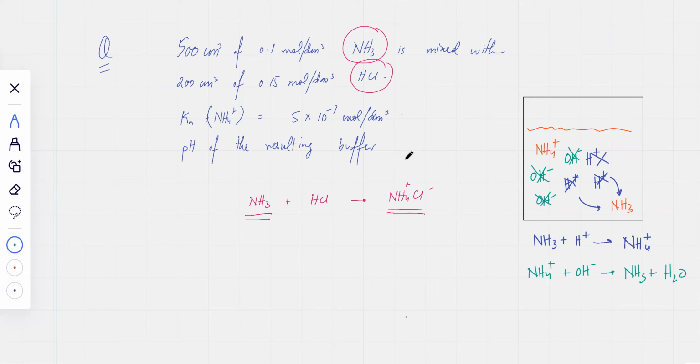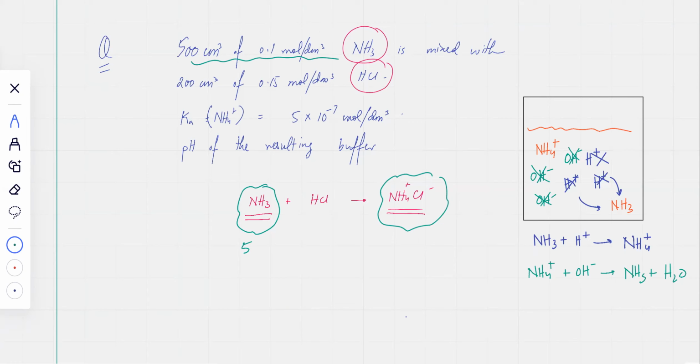Yes. Achha, so we were dealing with this question where we said that there was NH3 and HCl being mixed. Did you send me the answer to this? No. Achha, so I can send it right now. Just let me quickly ask, how many moles of NH3 are you adding? What's 500 into 5 multiplied by 10 to the power of -3?